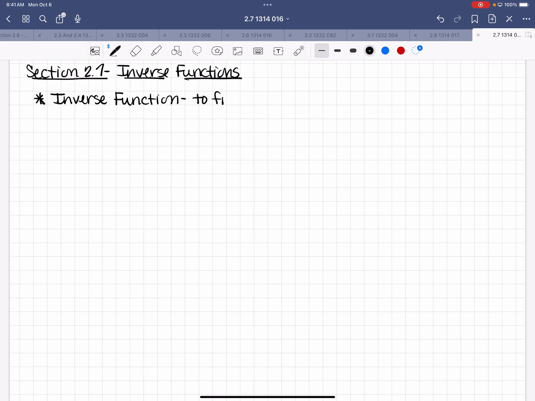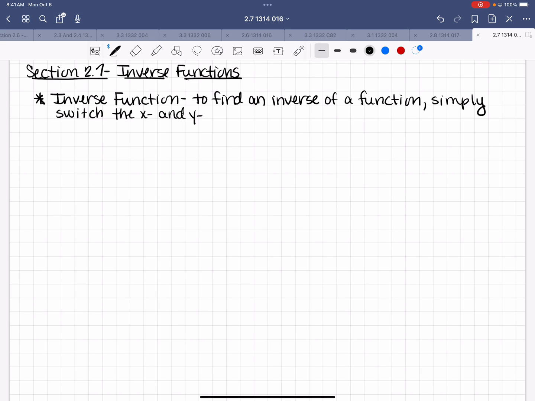To find an inverse of a function, simply switch the x and y values.